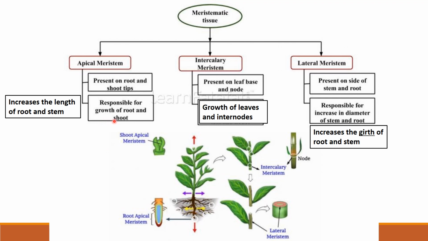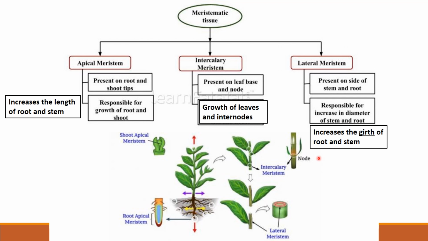What is the function of apical meristem? It helps in increasing the length or the growth of the root and the shoot. After that, the intercalary help in the growth and formation of the leaf, as well as the increase in the height of the internodes.